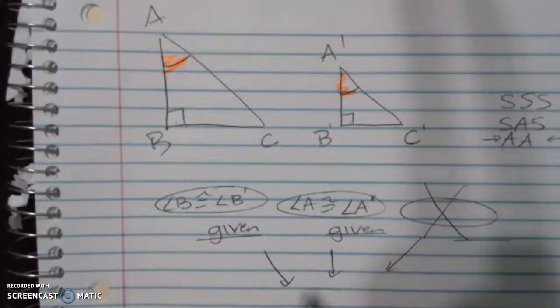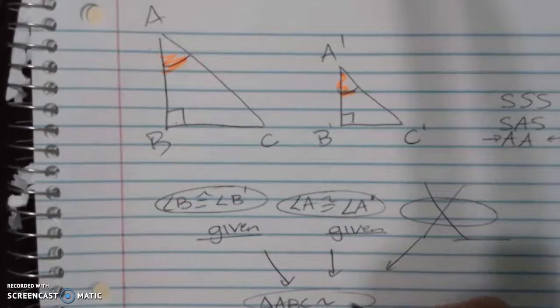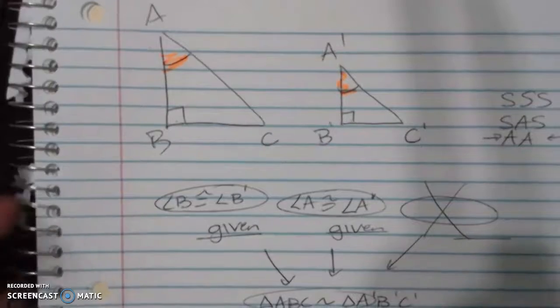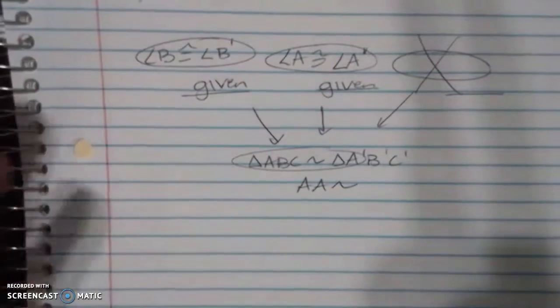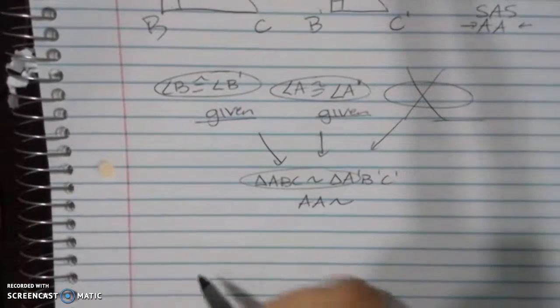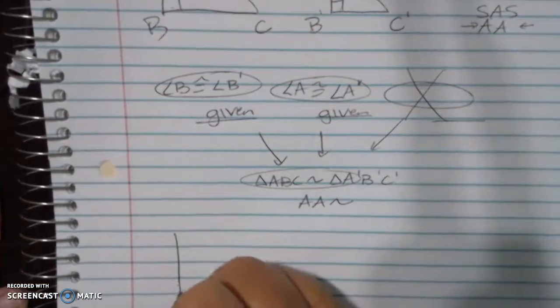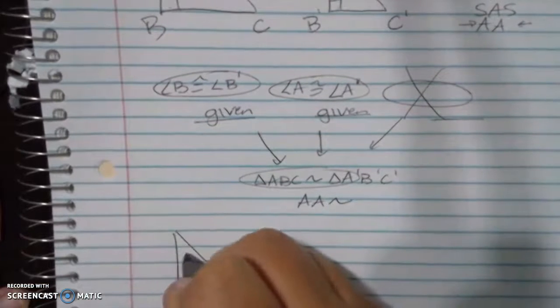So I can say here that triangle ABC is similar to triangle A prime, B prime, C prime. And why is that? Because of AA similarity.